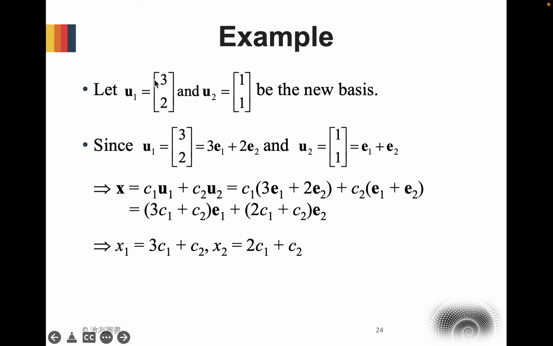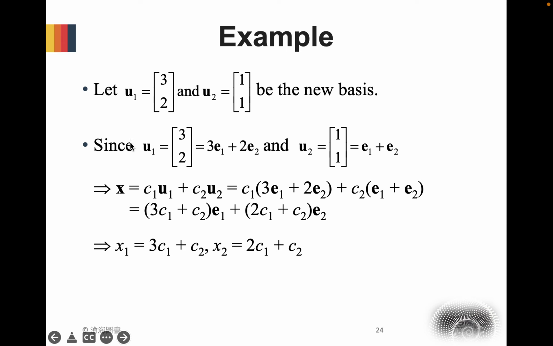First, assume u1 is (3, 2) and u2 is (1, 1). At the beginning, we try to represent u1 and u2, the new basis vectors, okay?